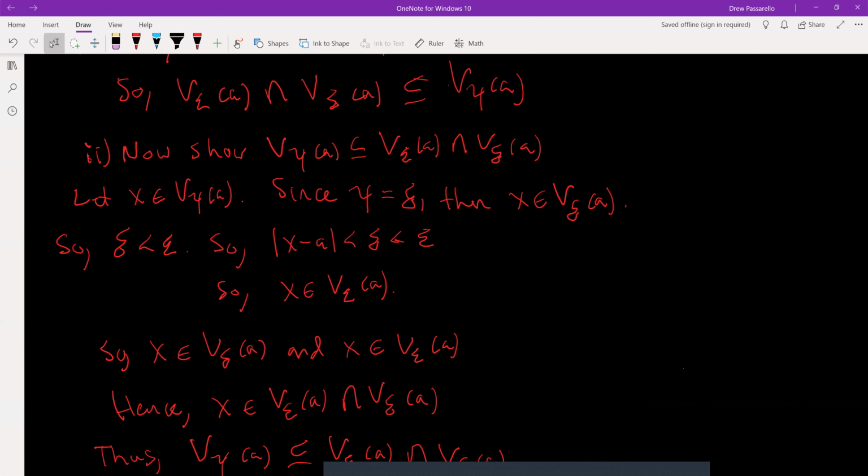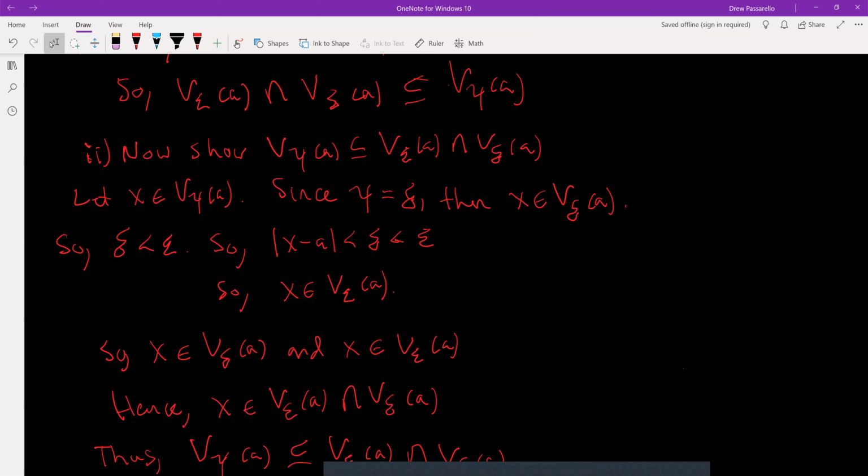And then the other containment was showing that the gamma neighborhood is contained in the intersection. So then you let x be an arbitrary element of the gamma neighborhood. And again, gamma is equal to delta. So then x is in the delta neighborhood. But delta is less than epsilon. And so we know the absolute value of x minus a is less than delta, which is less than epsilon. So then that means x is in the epsilon neighborhood.